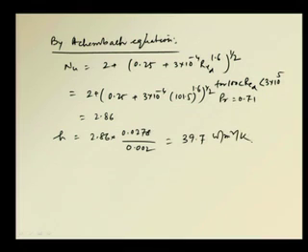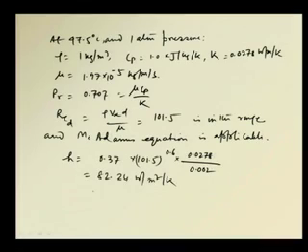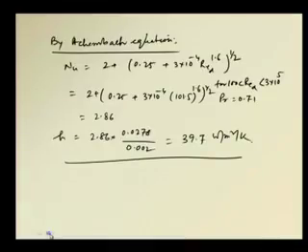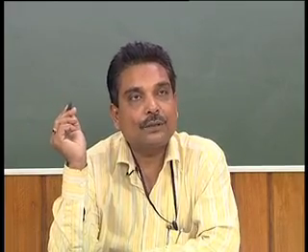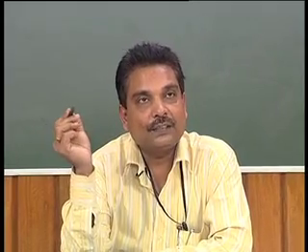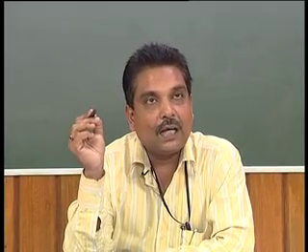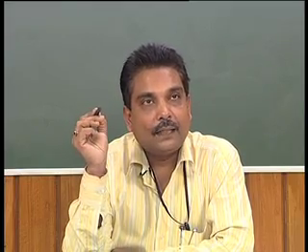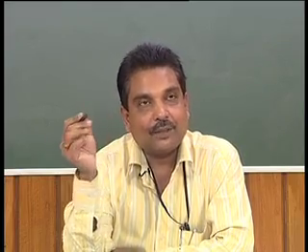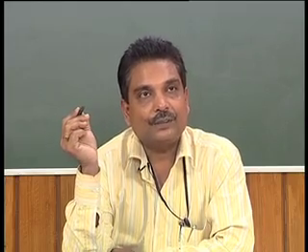So, we can see that here in this case we got h equal to 39.7, and in the previous case we got something around 82.24. So, there are some variations in the evaluations of the heat transfer coefficient. Though the order of magnitude remains more or less the same, there are wide variations in the heat transfer coefficient values when we calculate by different empirical correlations.